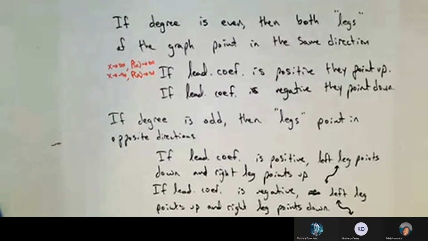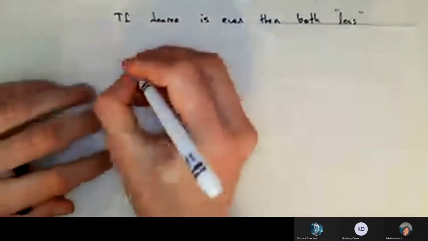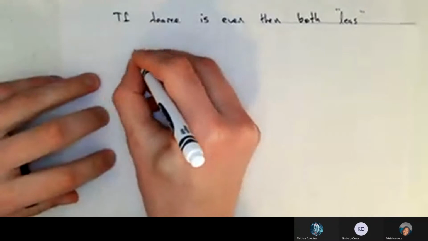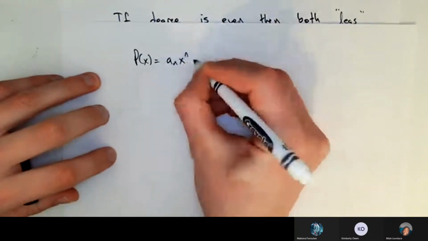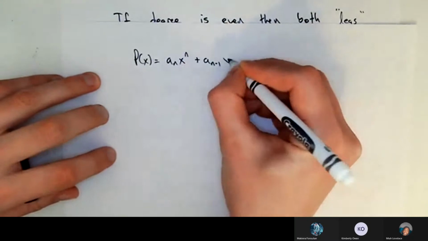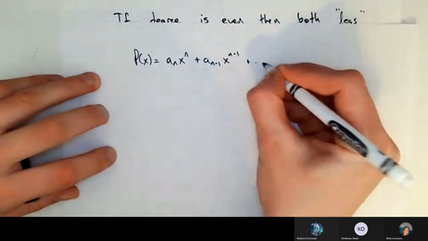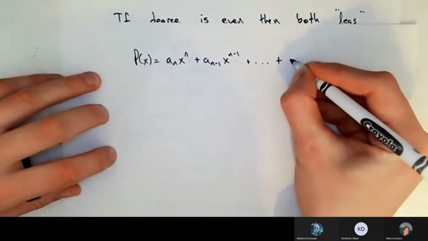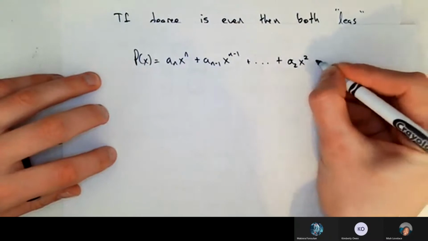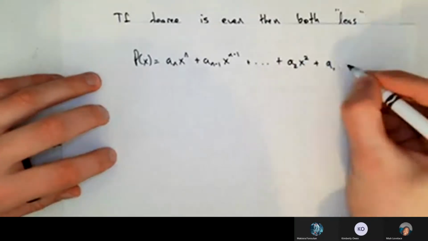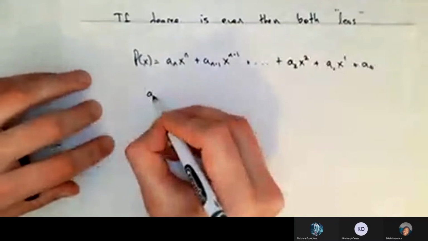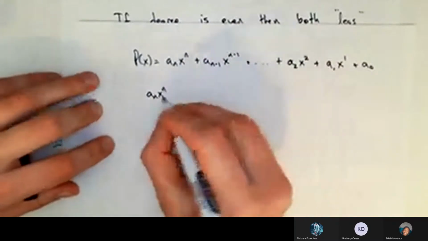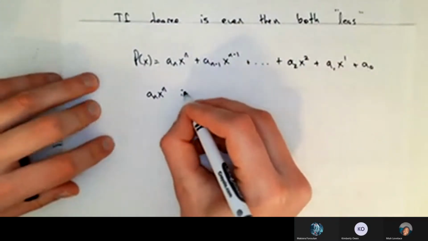So recall that if a function p of x is a sub n x to the n plus a sub n minus 1 x to the n minus 1 dot dot dot all the way down to the quadratic, linear, and constant term, then a sub n times x raised to the n is the leading term.